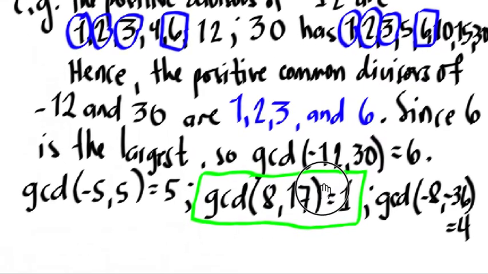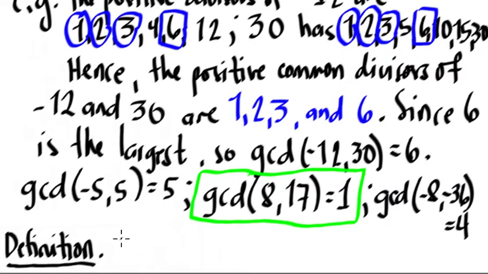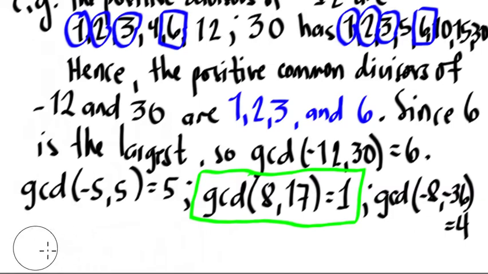So let's put that here. Let's have another definition. I hope it fits. So we call this definition relatively prime, or maybe let's transfer it here. We have no more space down below.